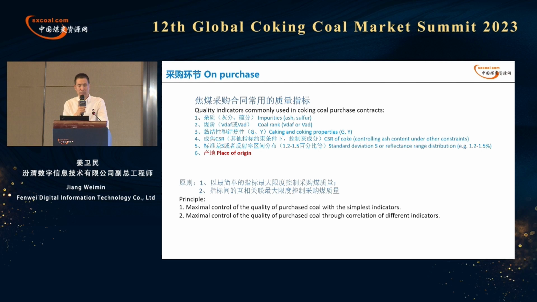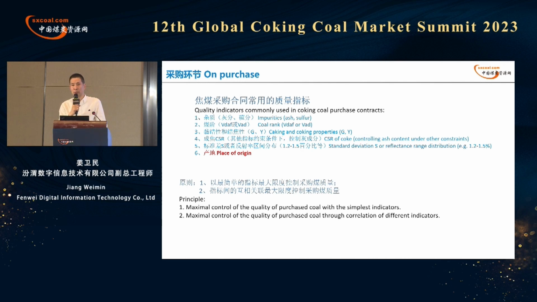And another indicator is the CSR of coke, meaning controlling ash content under other constraints. So if you have all those four indicators, you can form a framework to understand the basic quality of coal. This is a very simple tool that you can use.